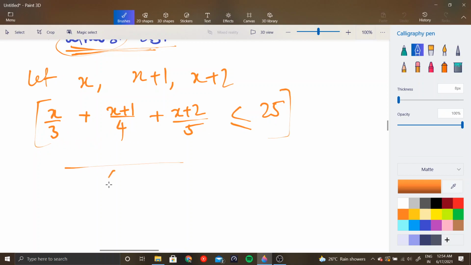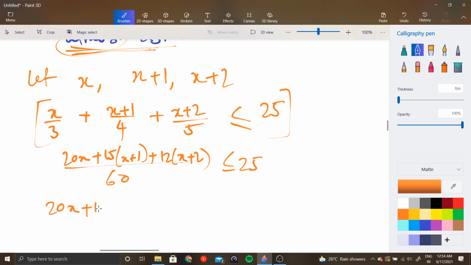You just take the LCM, and this becomes 20x plus 15 times x plus 1 and 12 times x plus 2, and this is basically less than or equal to 25, so this comes out to 20x plus 15x plus 15 plus 12x plus 24 is less than or equal to 1500, right?